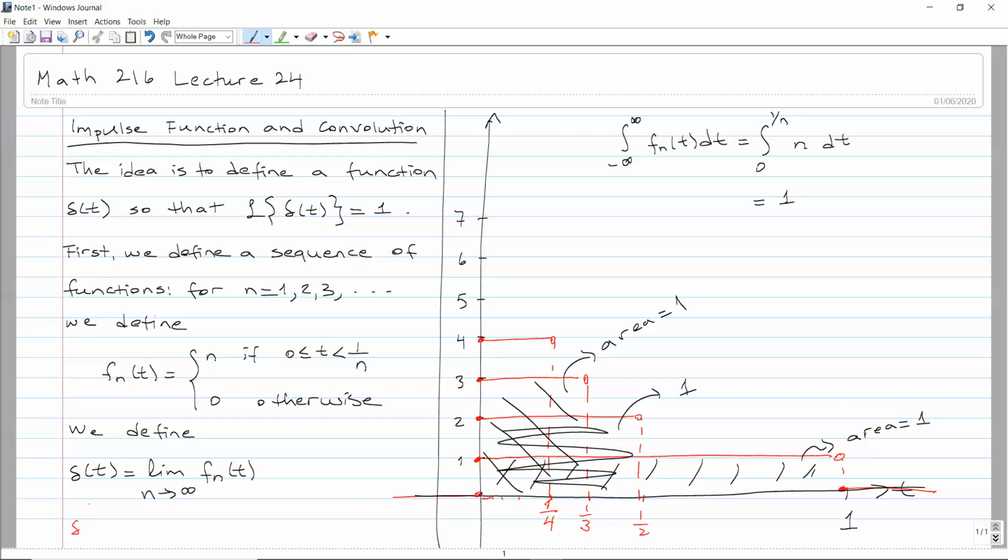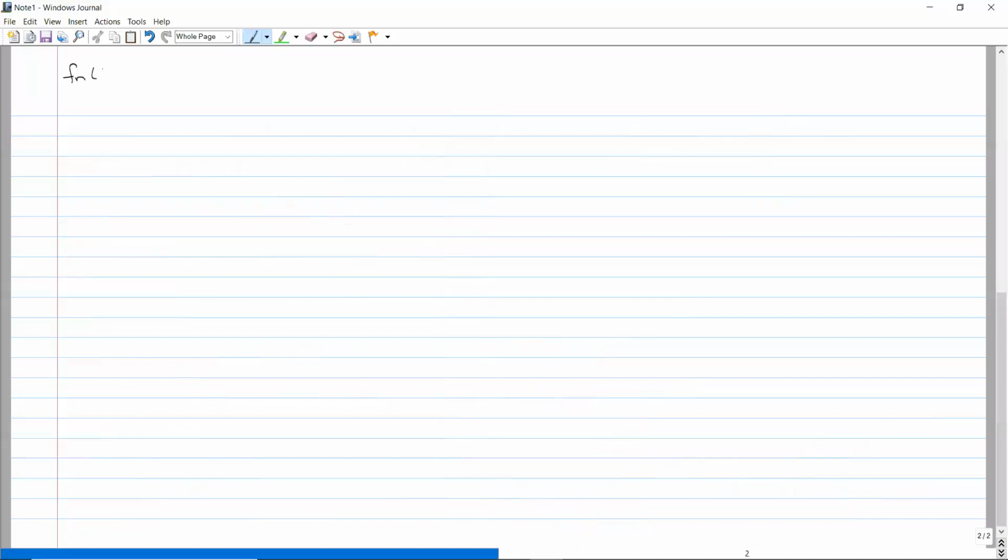This limiting function is 0 for all t except 0, because I'm taking the limit as n goes to infinity. You see, f sub n of t is 0 if t is not in the interval 0 to 1/n.